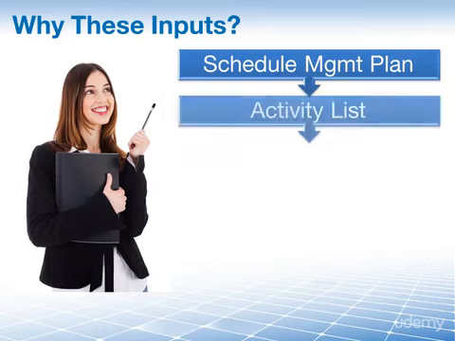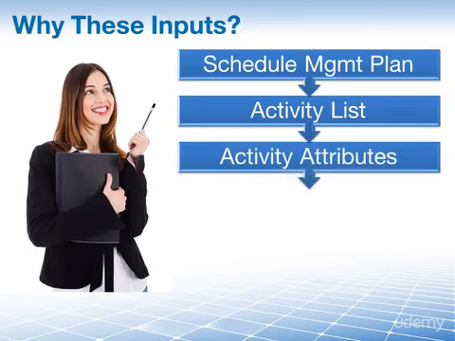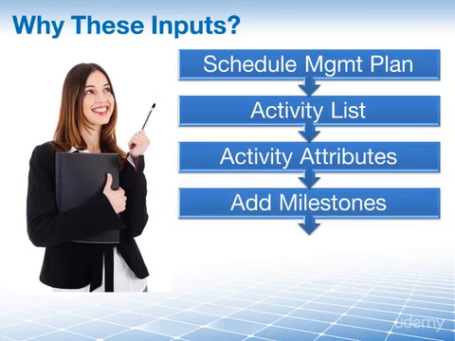So, well, we need the list of our activities, which we input into our scheduling software. We will also need additional information about our activities. These are the activity attributes. And frankly, I have never seen a schedule without milestones. So there you go with the milestone list.